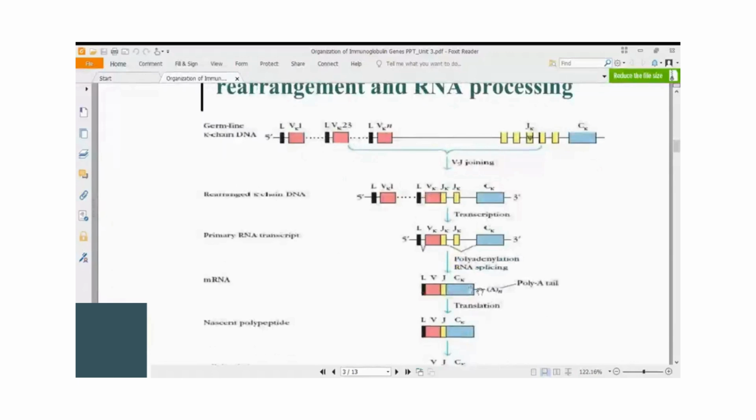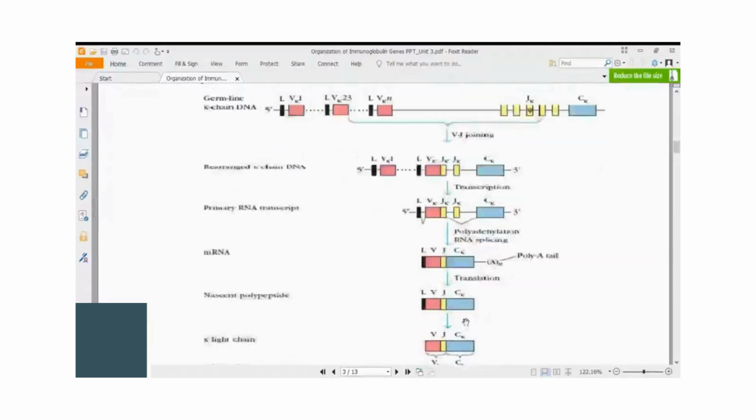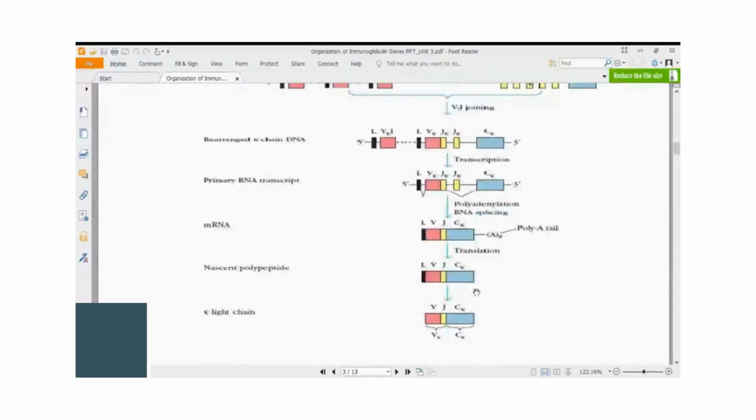Now this transcript will translate a kappa chain, and that kappa chain will be the kappa light chain for that particular receptor that is going to be used by the B lymphocyte. So this independent event, that is the light chain recombination event, is taking place independently on chromosome number 2 as well as chromosome number 22.